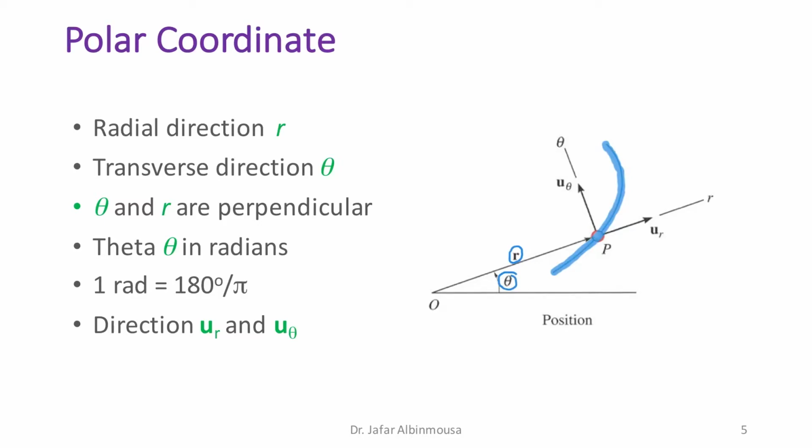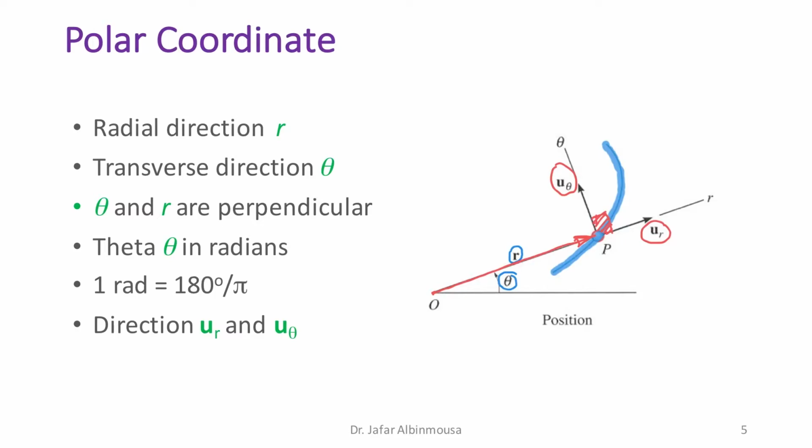Now, the line which is going from the origin pointing toward the particle is basically the radial direction, which is represented by a unit vector ur. Once we define the radial direction, all we need to do is to construct a line perpendicular to it, which is going to help us construct the transverse direction.